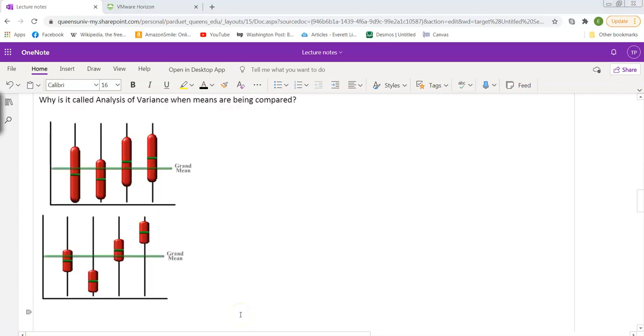Now I want to answer the question, why is this called analysis of variance when it's actually means that we're comparing? Answering that question gets at exactly what analysis of variance is. What is it doing? To look at that, let's look at these two pictures here.